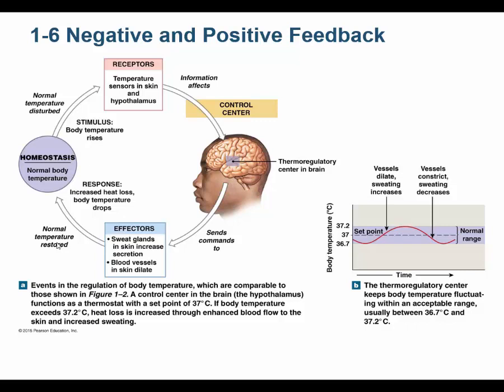All right, so how do we maintain homeostasis anyway? Well, the main way we maintain homeostasis is by what we call negative feedback. Now, is there such a thing as positive feedback? You bet. There's a half a dozen to a dozen positive feedback mechanisms in your body, but there's hundreds of negative feedback mechanisms in your body.